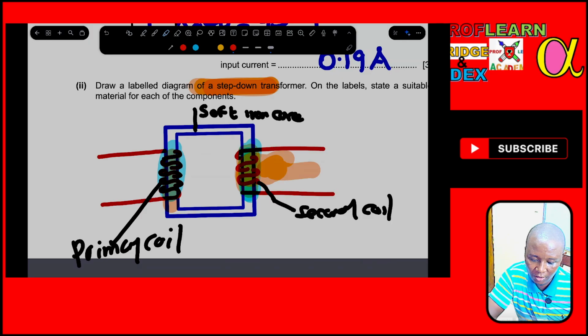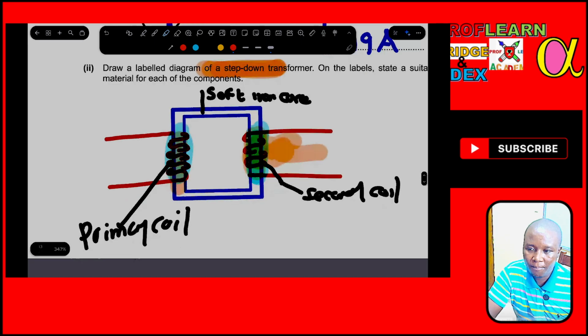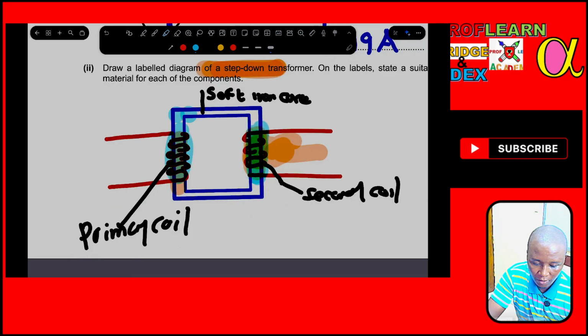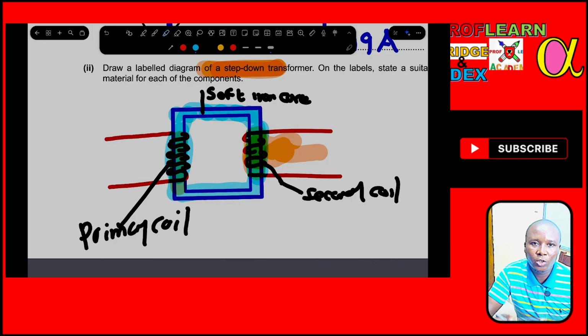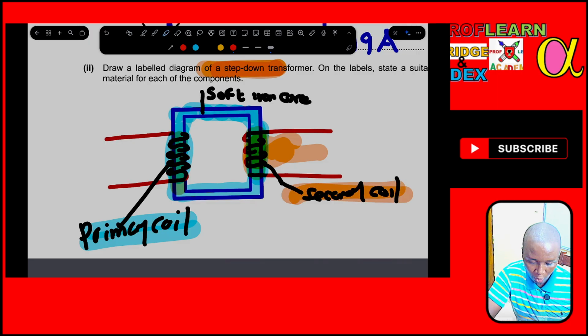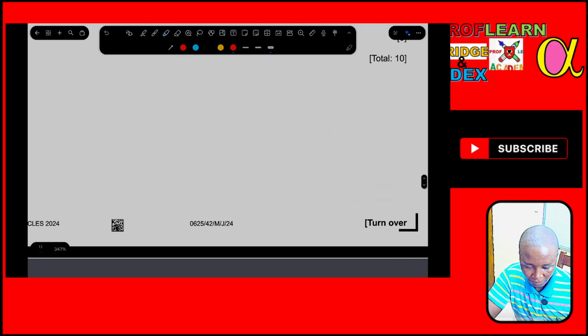Fewer turns in the secondary coil, more turns in the primary coil, and this becomes a step-down transformer. And you are supposed to label. Whatever we are having here is a soft iron core where those coils are going to be wound, and we have a primary coil, which is the input, and the secondary coil, which is the output.